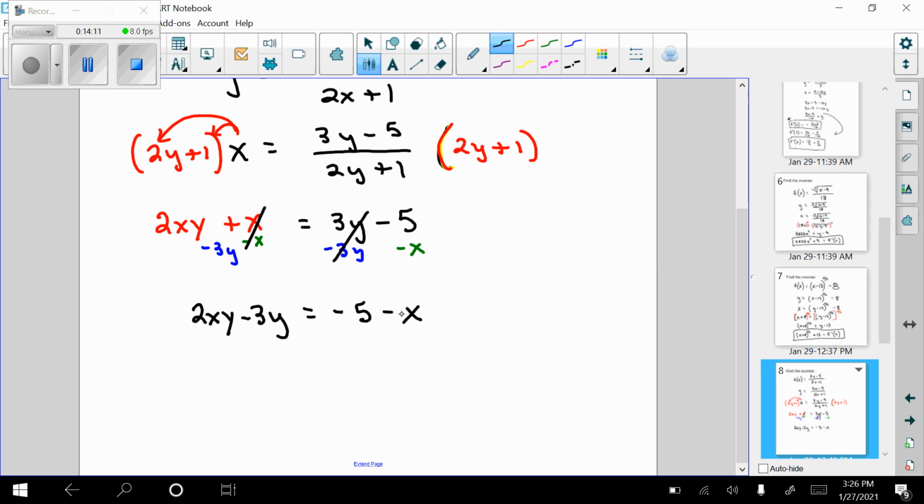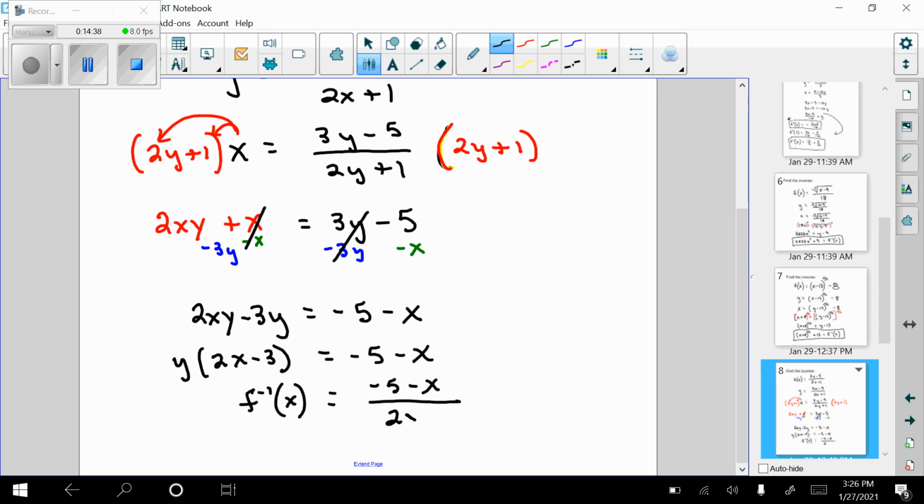Now to get y by itself, I'm going to have to factor out y as my greatest common factor, and divide both sides by 2x minus 3. So I get f inverse of x, because that'll get my y by itself, equals negative 5 minus x over 2x minus 3.